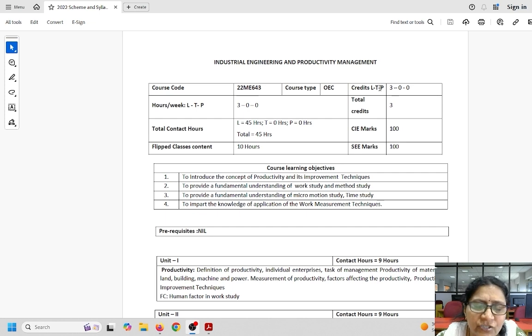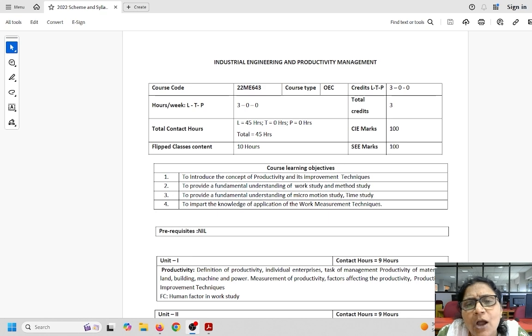And industrial engineering is a big umbrella wherein you can accommodate all these industries. Every industry is striving for productivity improvement. That's why we have made the syllabus as industrial engineering and productivity management.